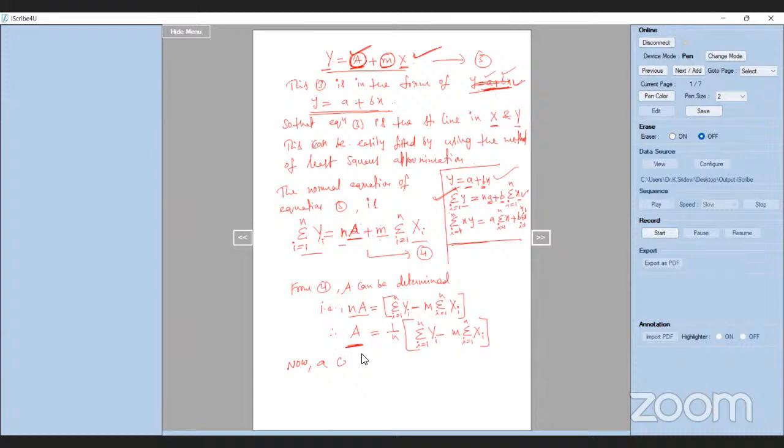Now, A can be determined from capital A. That is, capital A is equal to log A to the base E. So from this one, we can find A, that is E to the power capital A. You can apply the formula: log A to the base E is equal to B, that means A is equal to E to the power B. Apply this formula.